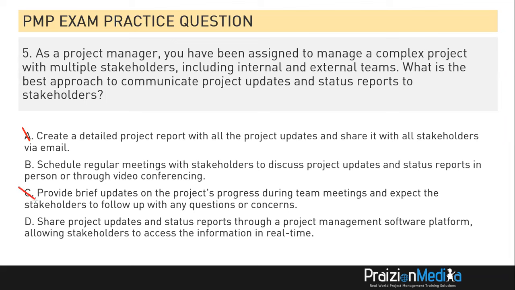We can't make that a one size fits all. D, share project updates and status reports through a project management software platform, allowing stakeholders to access the information in real time. They probably won't go over the information because they have other pressing matters. You better believe it. So we're going to cancel D. And the best option, my friends, is B.